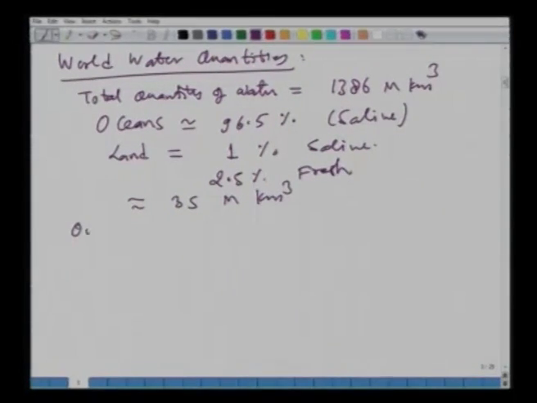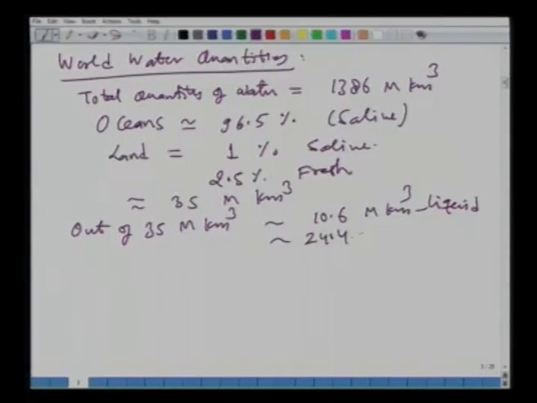However, out of this 35 million kilometer cubed of water, approximately 10.6 million kilometer cube is liquid, and the remaining about 24.4 million kilometer cubed of water is solid.